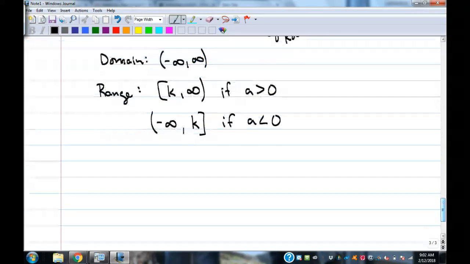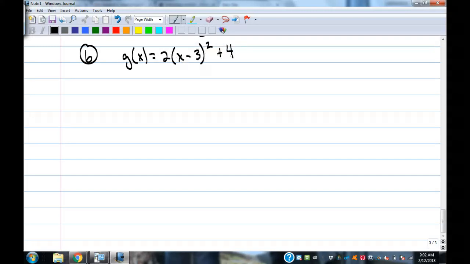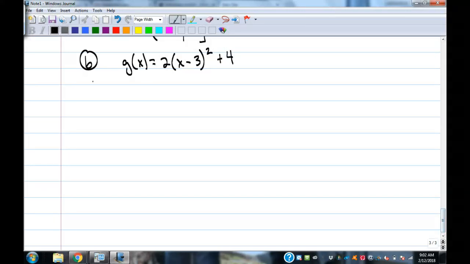Okay. Let's look at an example. Example B, g of x is equal to 2 parentheses x minus 3 squared plus 4. Nice vertex form for that, which makes things fall out quickly.